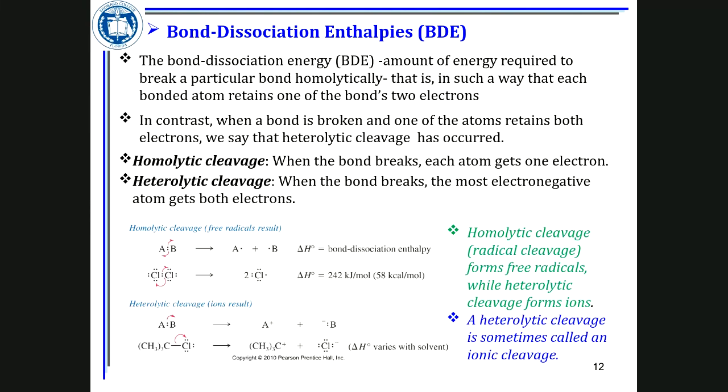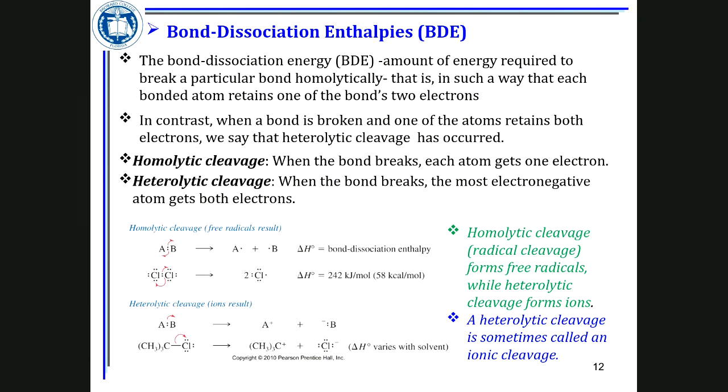So we're going to talk about delta H for the reaction. When delta H is calculated, that means heat has been released or heat has been absorbed. Why is heat necessary for a reaction, or when is heat consumed or released?